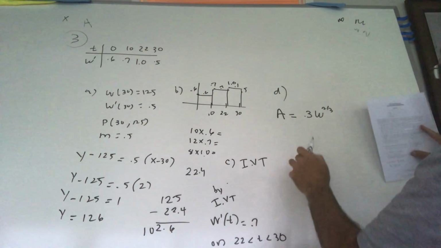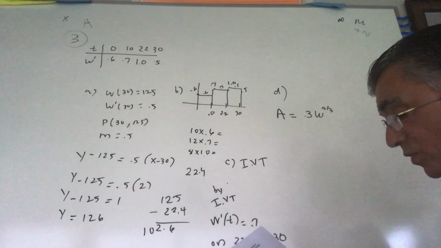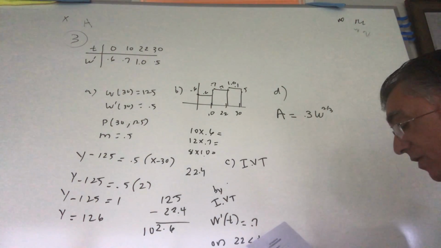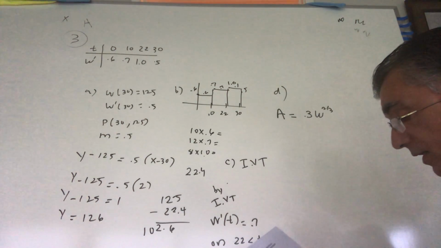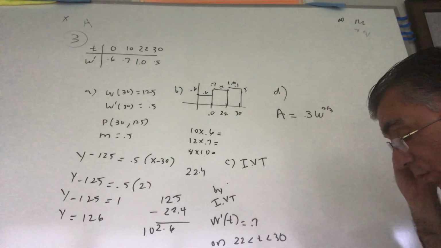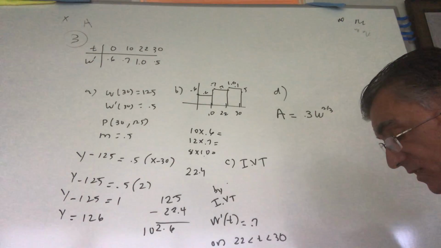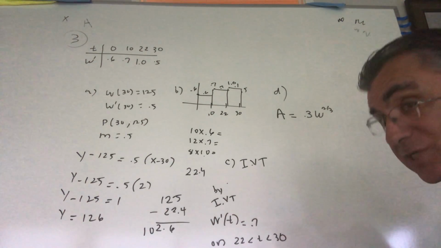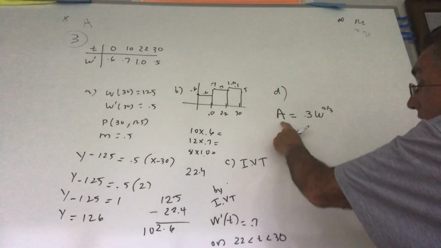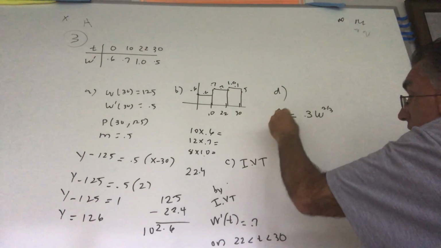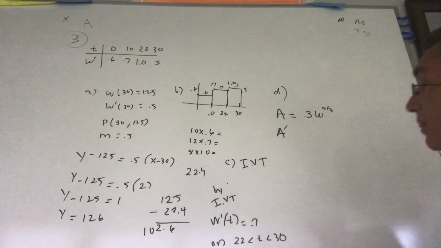When we take the derivative, notice that the units here are in time. We were to find the instantaneous rate of change of A in kilometers per day. So when I take the derivative of A, it's not A, it's A prime.